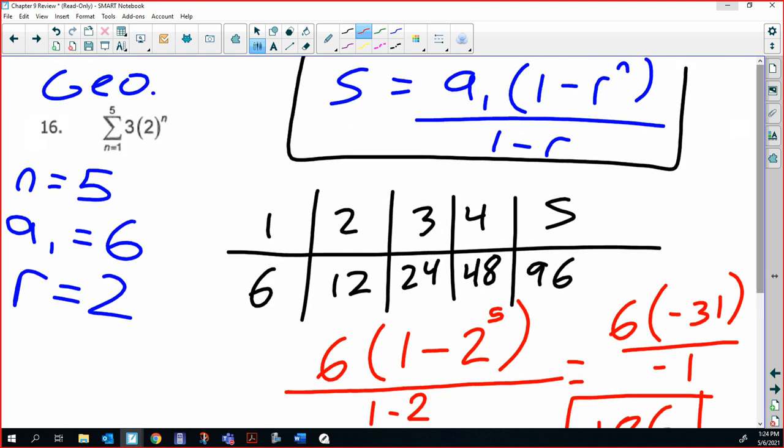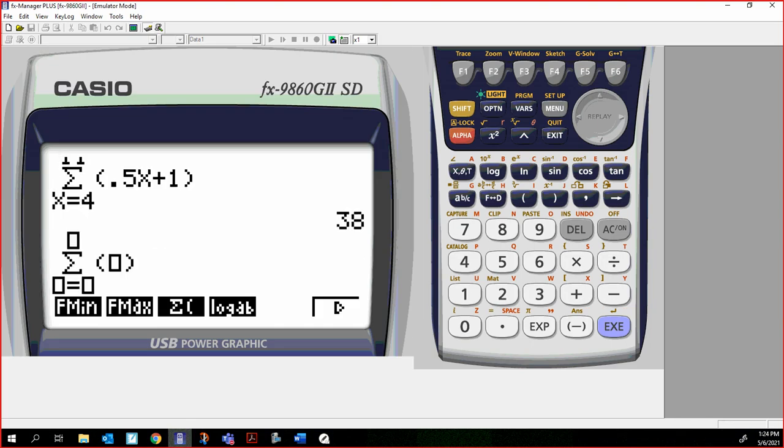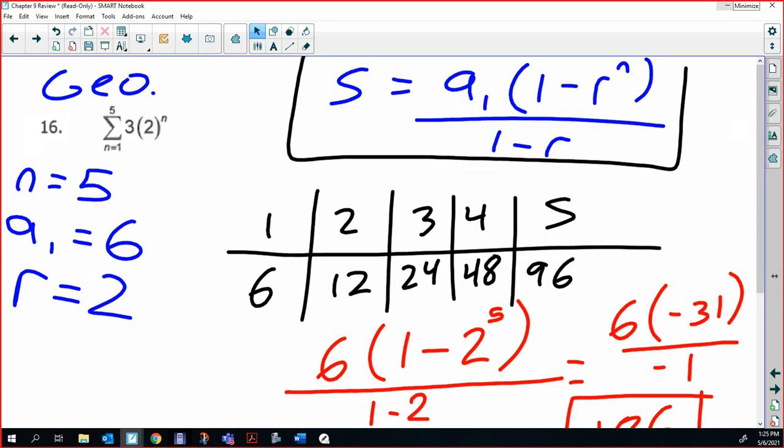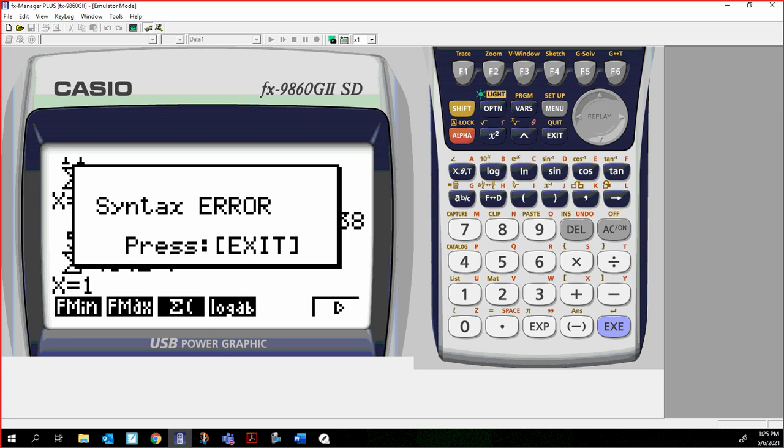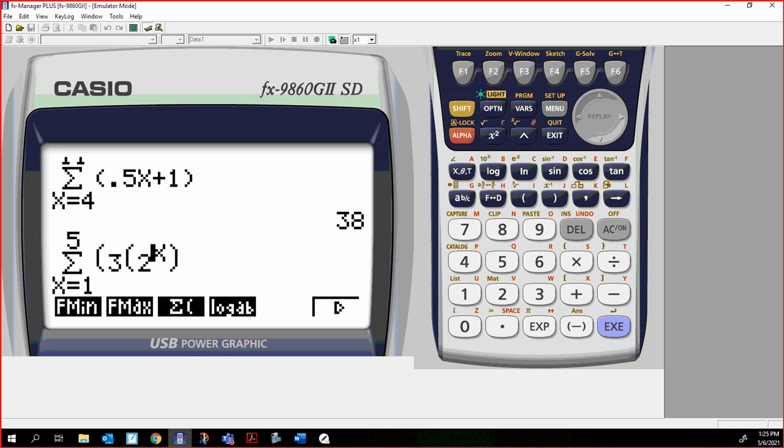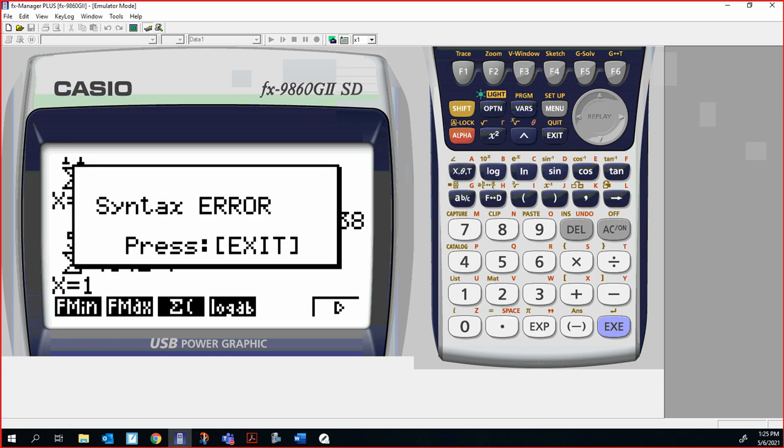You could also, like I showed a couple of other times, type it into your calculator. Three times 2 to the variable. Variable starts at 1 up to 5. It doesn't like that.